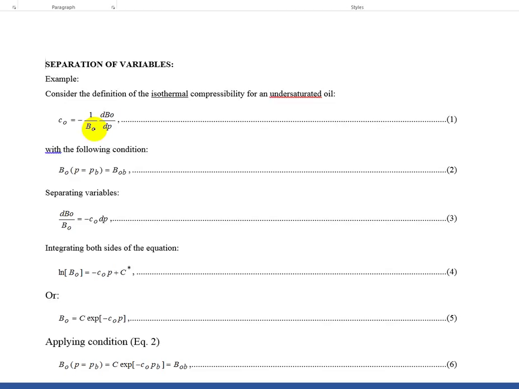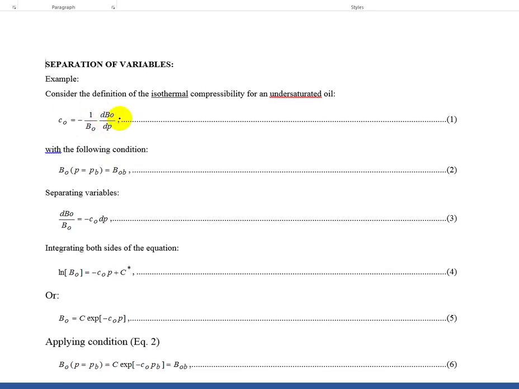BO is a way to express the volume of the oil. I don't want to go into details because it's not the objective of this class, but for the sake of tonight, just consider this as a certain way to express volume.